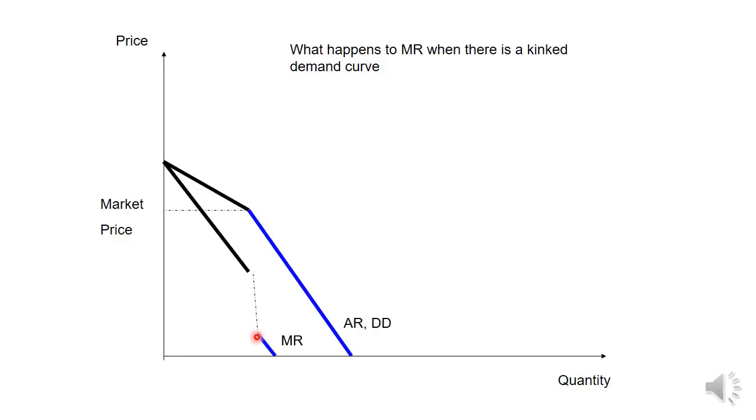This bottom portion is the MR for the inelastic portion of the demand curve. So the kink is like a point that separates them. On the left is the elastic portion, and on the right is the inelastic portion. Both of them have their own MR.